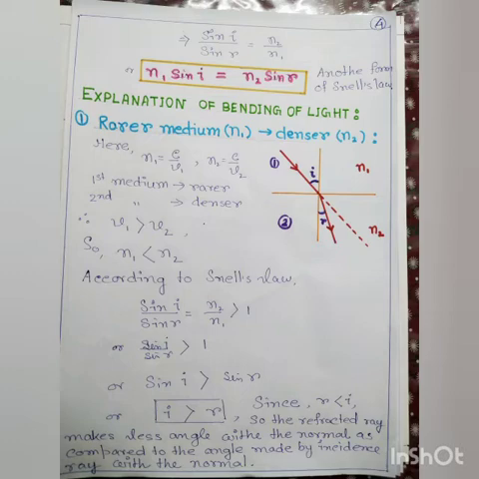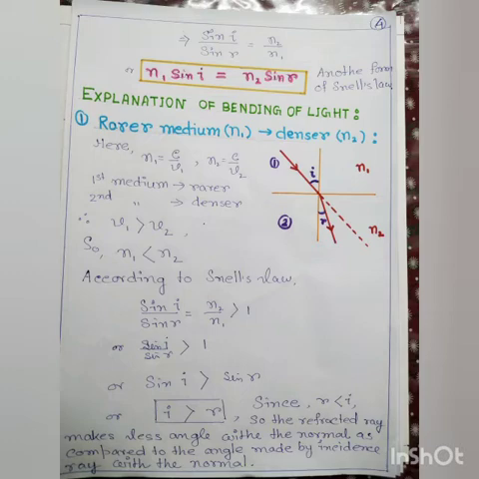Rarer medium means optically rarer medium and denser means optically denser medium. Now today we have learnt n equals c by v. Which medium is optically rarer, through that medium velocity will be high, and which is optically denser, through that medium velocity will be low.